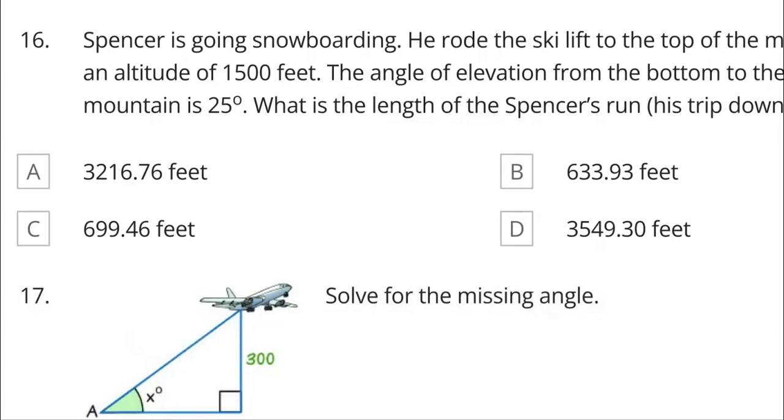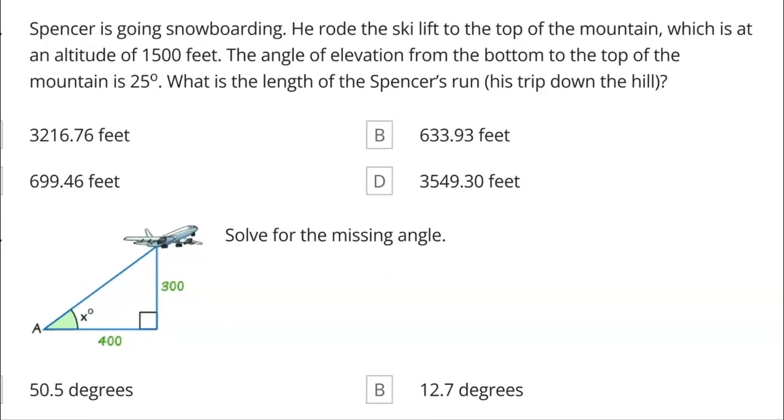So here comes 16. Spencer is going snowboarding. He rode the ski lift to the top of the mountain, which is at an altitude of 1,500 feet. Okay, so start drawing. I need a right triangle, right, because this is all right angle trig. So here's my triangle, here's my right angle.